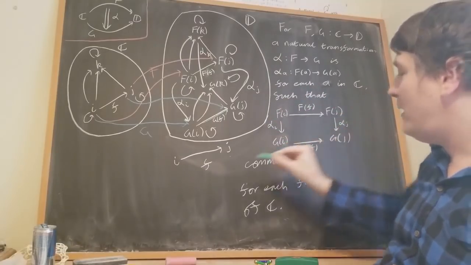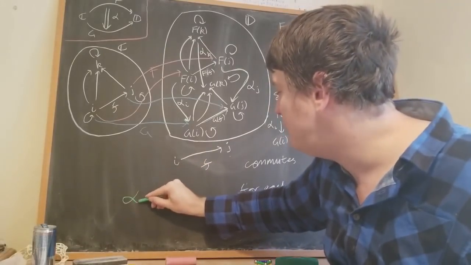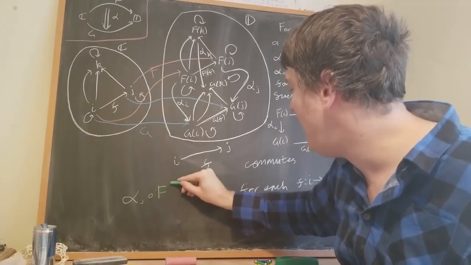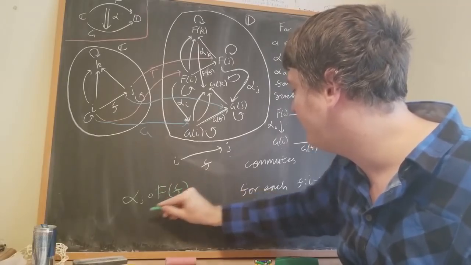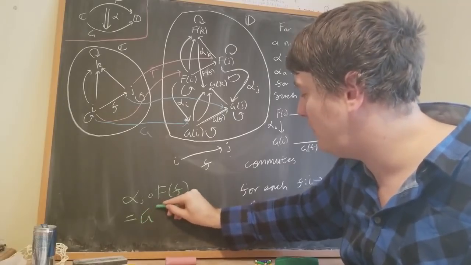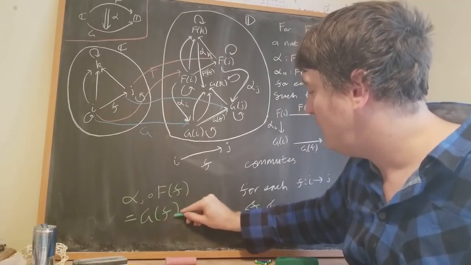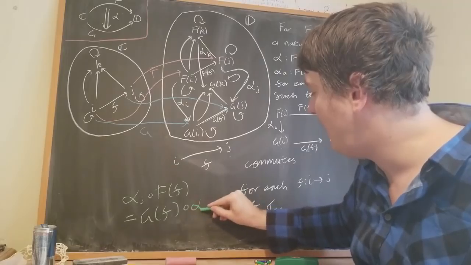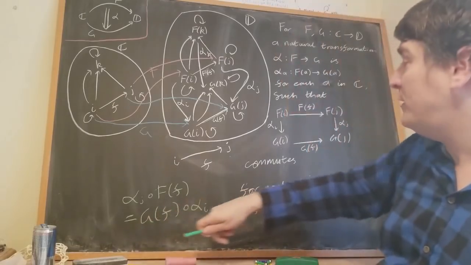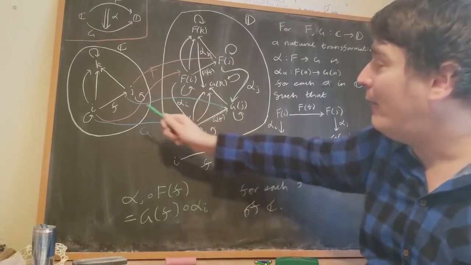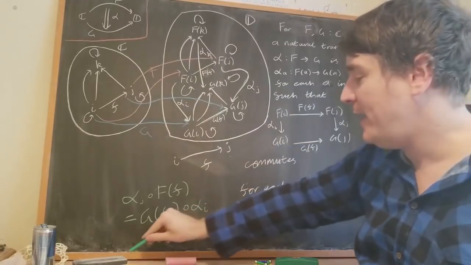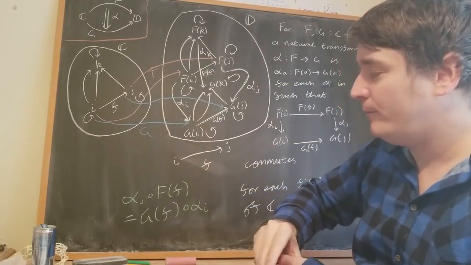Well, it just means that alpha J after F of F has to be equal to G of F after alpha I. And we require this condition to hold for every arrow F of our original category.